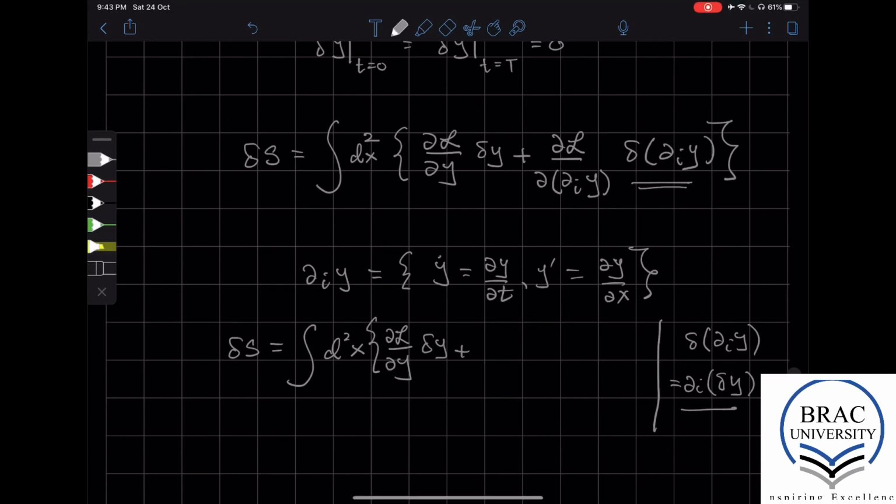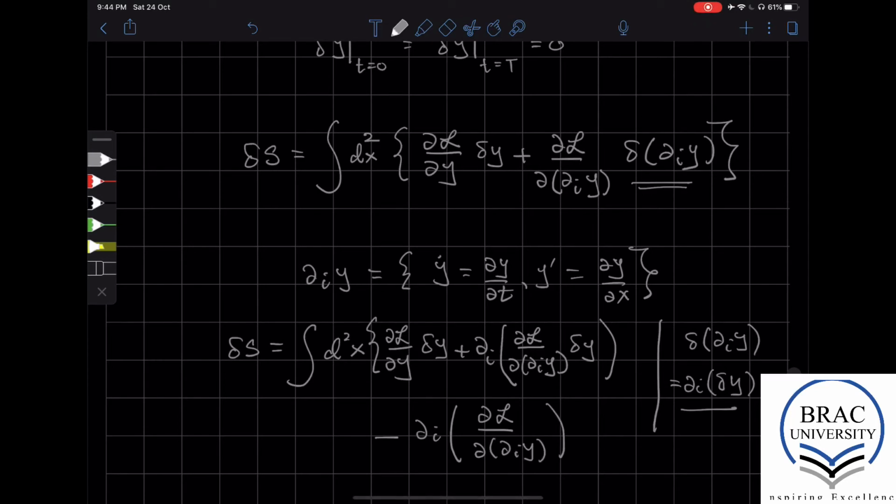But the second term now, we get one term which is a total derivative. So we get del of I, partial derivative of L, the Lagrangian density with respect to del I of y, times the variation of y, and then we get a minus of the divergence of del L by del I y, and then times delta y.